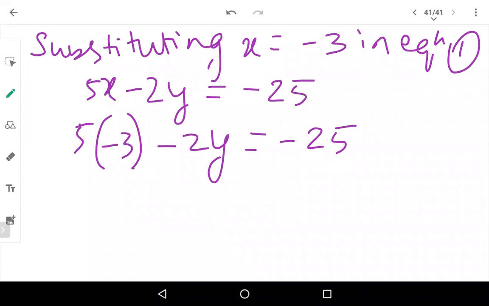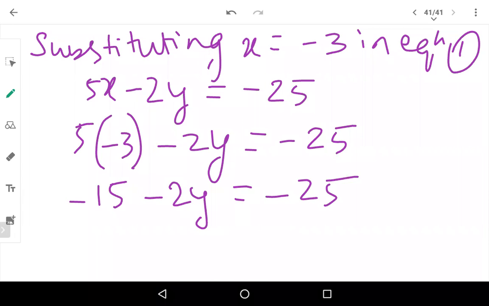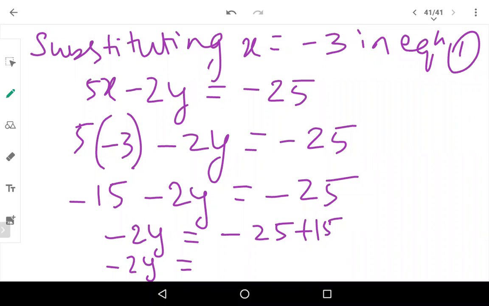So 5 threes are 15, but it is 5 into minus 3, so minus 15 minus 2y is equal to minus 25. Now let us take 15 to the other side. Minus 2y is equal to minus 25 plus 15. So how much do you get? Minus 25 plus 15 is minus 10.